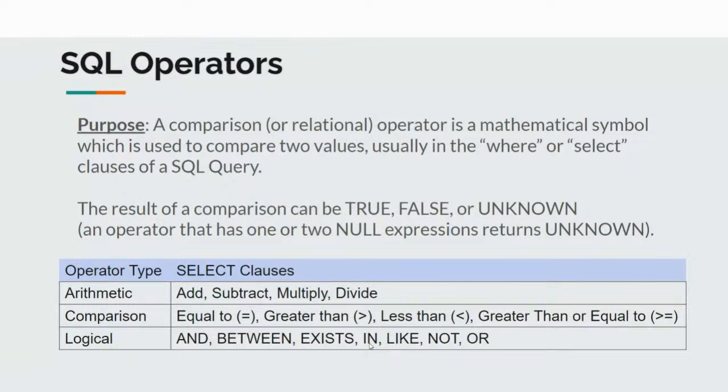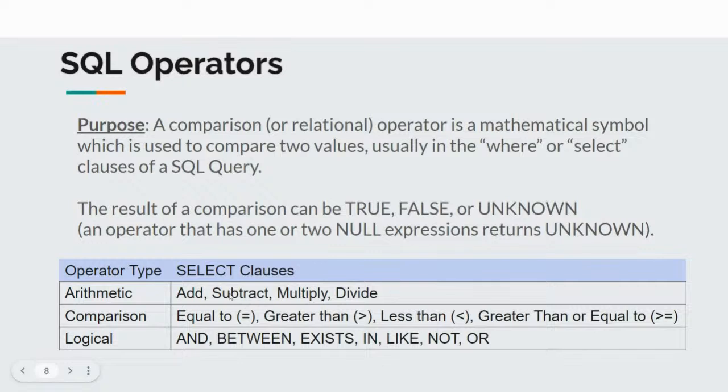And it gets you all those results because in is set inclusive. You have likes and nots and ors. These are almost always used in the where clause, but they can be used other places too.